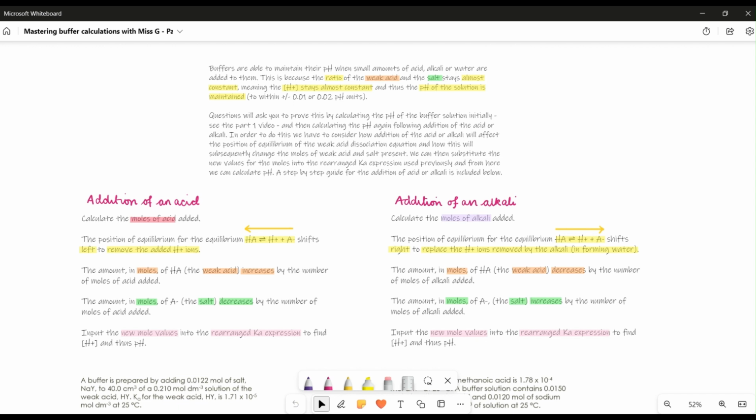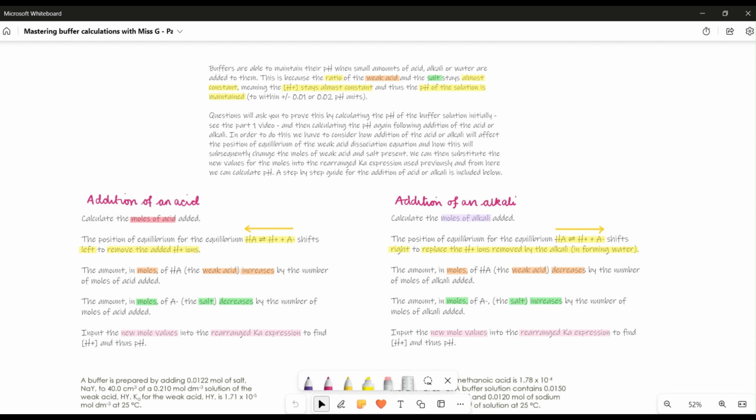So questions may potentially ask you as a part 1 to calculate the pH of the buffer solution initially, which is covered in the part 1 video. And then in the second part of the question, they may say that you're going to be adding an acid or an alkali to that buffer, and you would then have to prove that the pH of the buffer will be maintained and won't change.